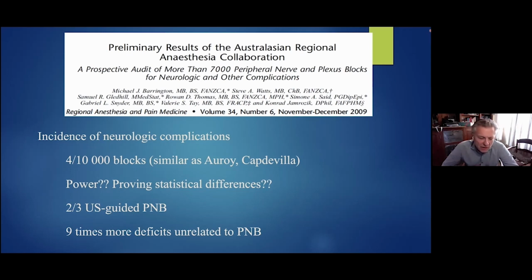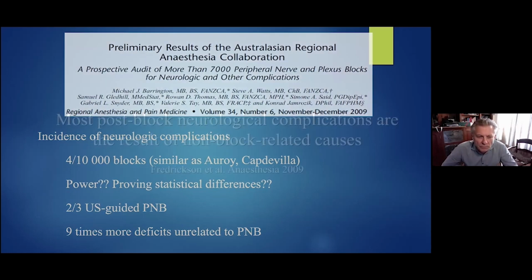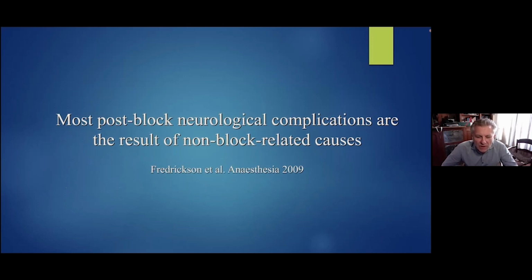In this study, 2/3 were ultrasound guided and 1/3 still with peripheral nerve stimulator. And in the literature, we see that there are 9 times more deficits unrelated to peripheral nerve blocks. That was the same conclusion of Fredrickson. Most block neurological complications are a result of non-block related causes, mostly positioning during surgery.